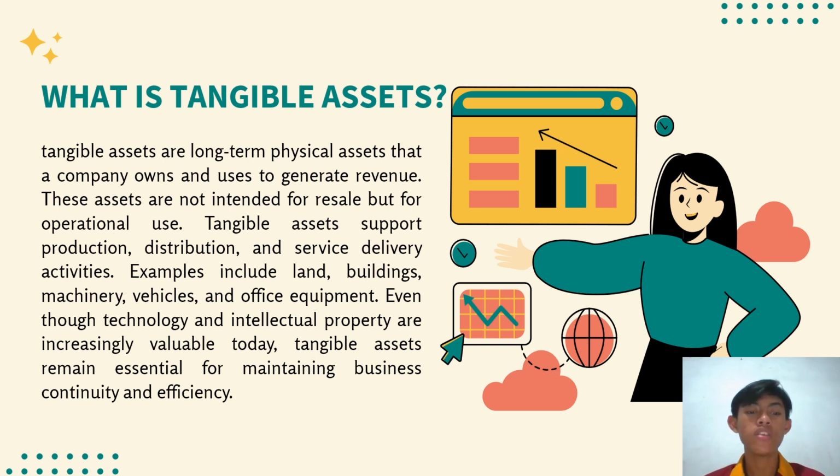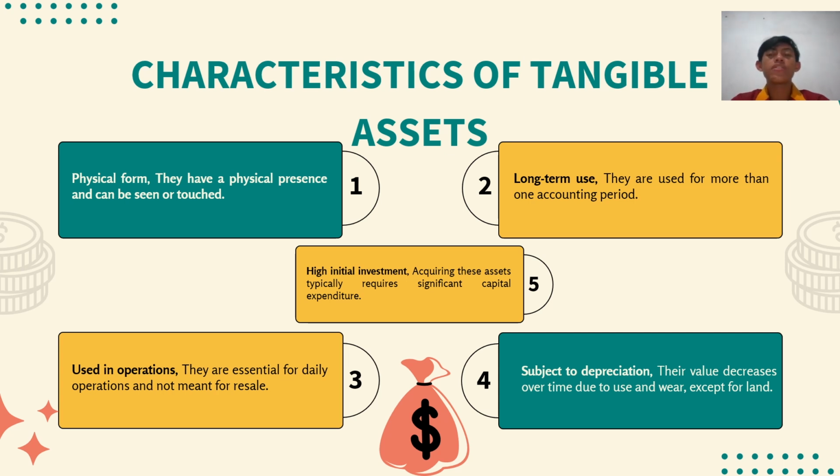continuity and efficiency. Characteristics of tangible assets: 1. Physical form. They have a physical presence and can be seen or touched. 2. Long-term use. They are used for more than one accounting period. 3. Used in operation.